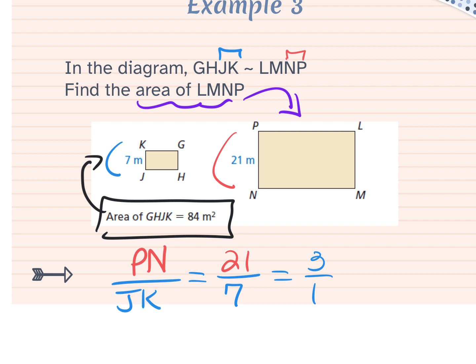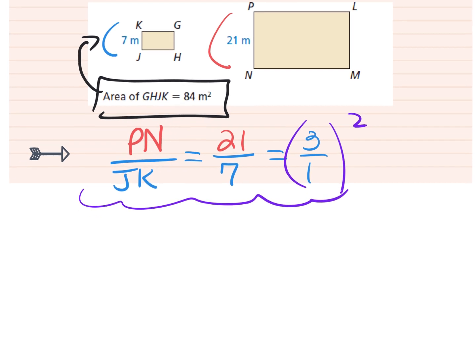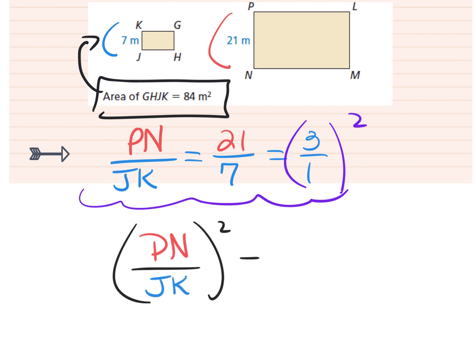So what I'm going to do is set up a proportion, but remember, I need to take this side length ratio, which is also my scale factor, and I need to square it. So the proportion I'm going to set up is PN over JK squared is going to equal the area of GHJK over the area of LMNP.